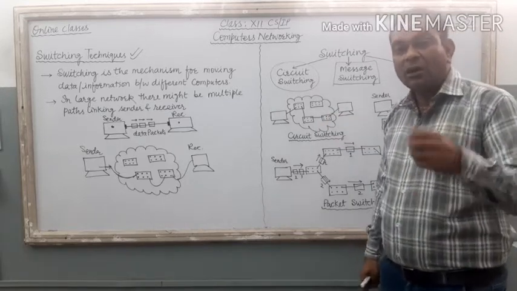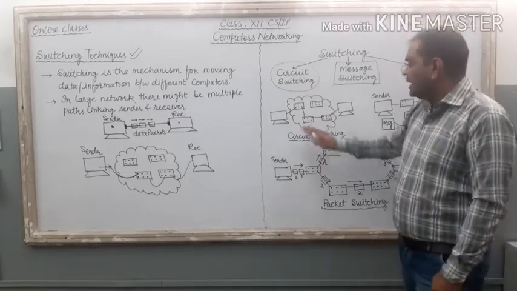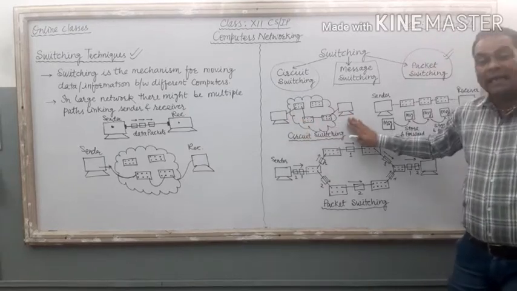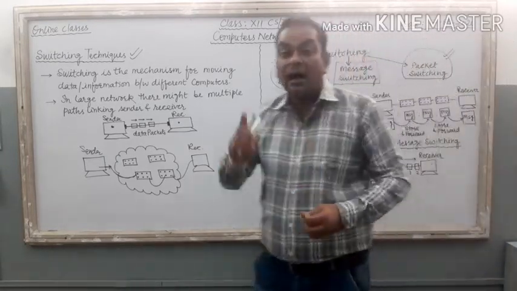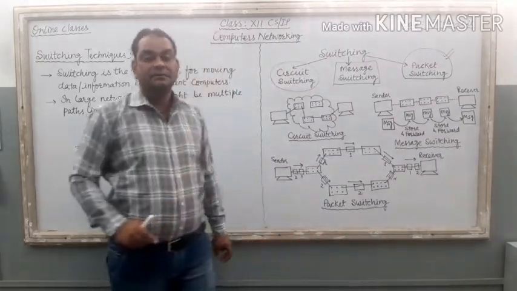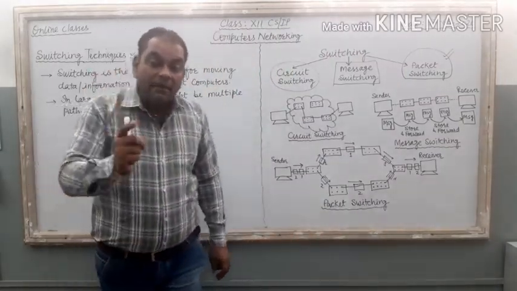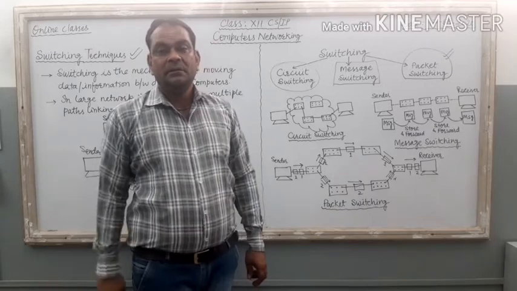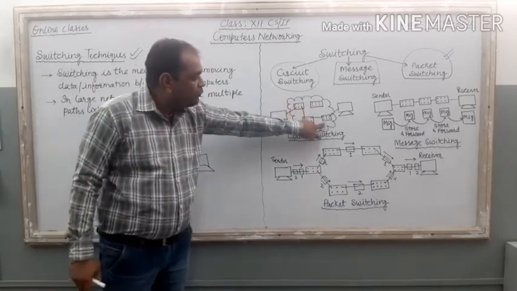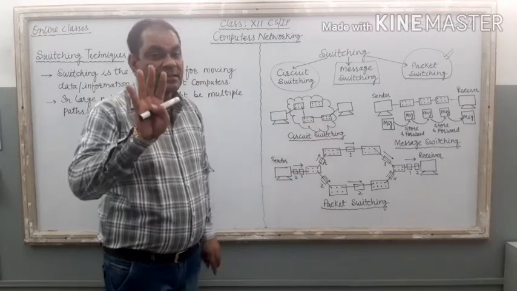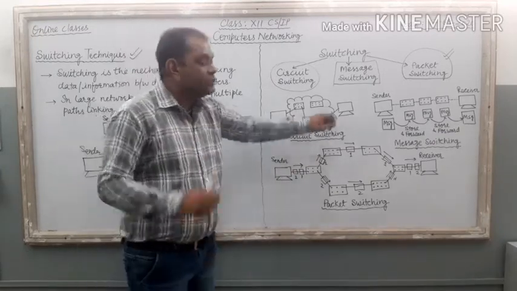Voice call means what? Talk. So, if this computer wants to talk with that PC, very first, in the circuit switching technique, a physical circuit will be established. Just see it here, 1, 2, 3, 4. Four different switches are there in between these two PCs.